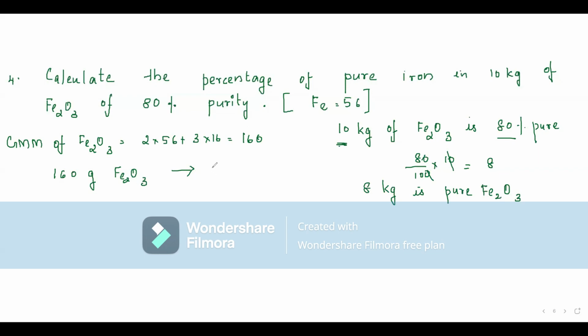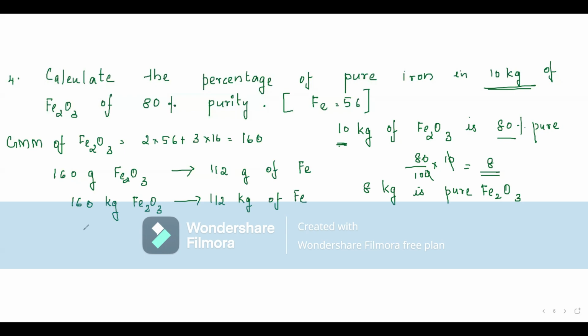So 56 into 2, that is 112 grams of Fe. But the other weight is in kilogram. So I will convert this into kilogram. If 160 gram gives me 112 gram, definitely 160 kilogram of Fe2O3 should give me 112 kilogram of Fe.